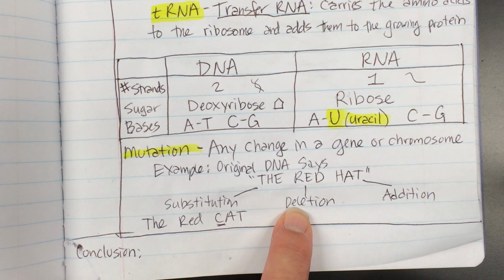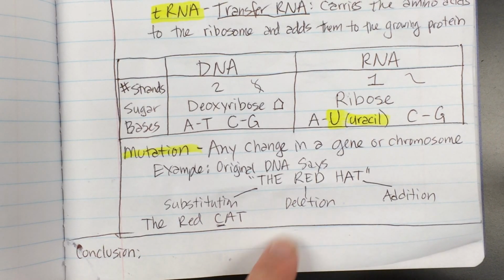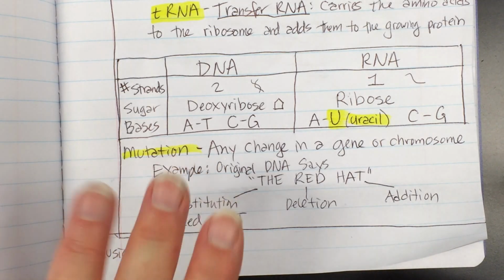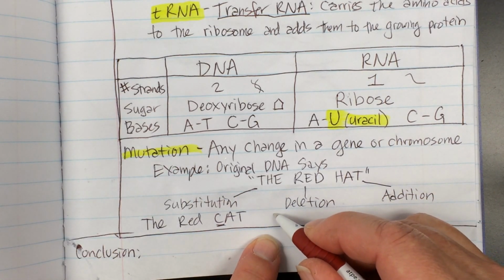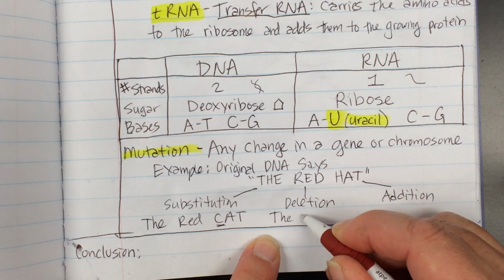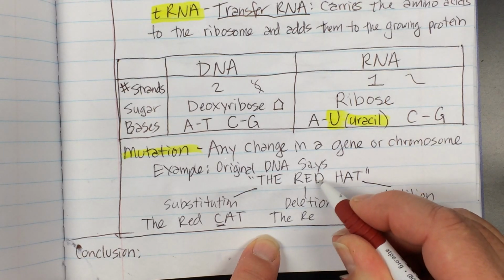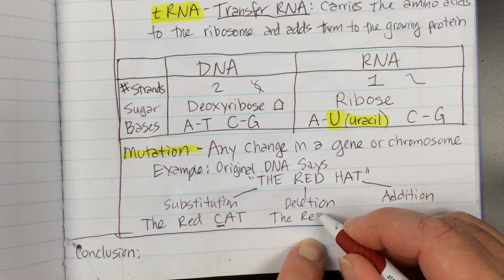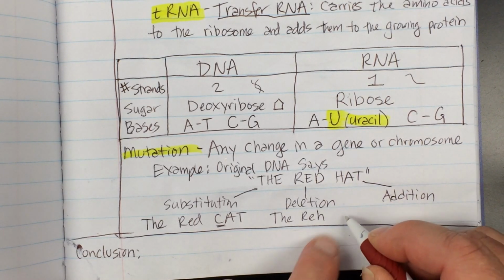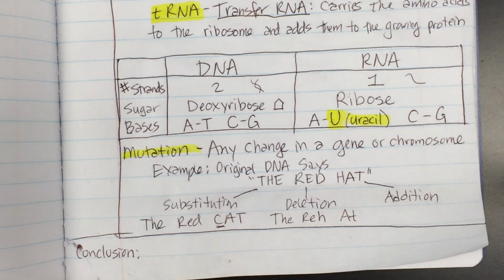What if something got deleted, and they always come in groups of 3? We'll get to that later. Always in groups of 3. What if we got rid of that D somehow? Well, then it would say the red, if we got rid of the D, the H would have to come over. So then it says the re at, and that's all messed up, right?